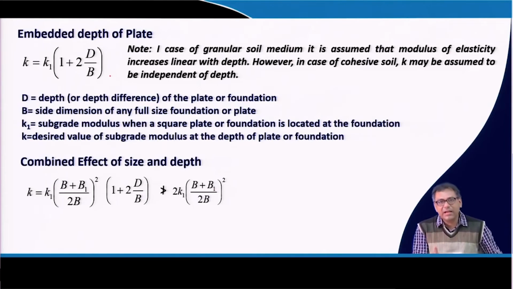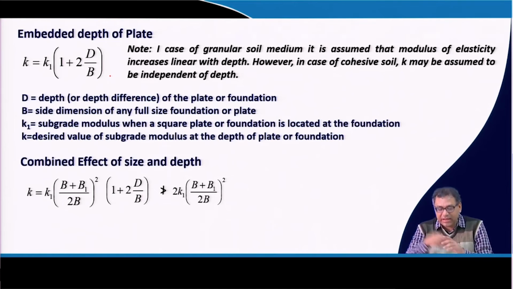for the clay soil, depth is not an important parameter for subgrade modulus. That means, whether you do the test on the surface or at a depth, this value will not be significantly changed. But for the sandy soil or granular soil, your modulus of elasticity increases linearly with depth.